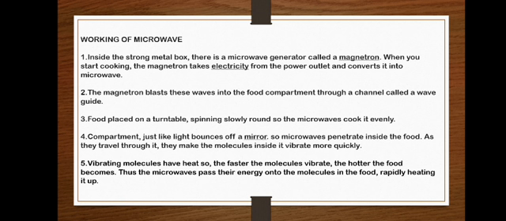It mainly concentrates on the water molecules, so they vibrate very quickly. Vibrating molecules have heat, right? So the faster the molecules vibrate, the hotter the food becomes. Thus the microwaves pass their energy onto the molecules in the food, rapidly heating it up.